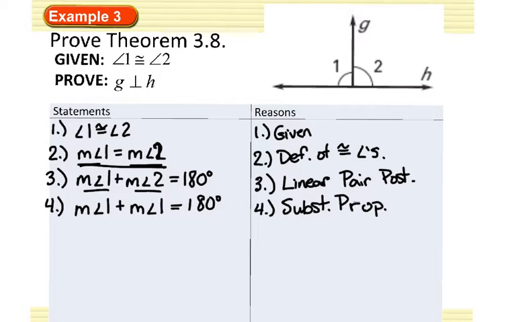Now, add these together. Measurement of 1 plus the measurement of 1. Well, it's like saying x plus x. So we can say 2 times the measurement of angle 1 equals 180 degrees. That step there you can call simplification or combining like terms.